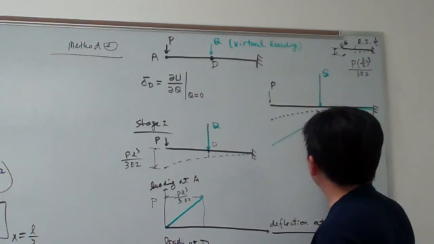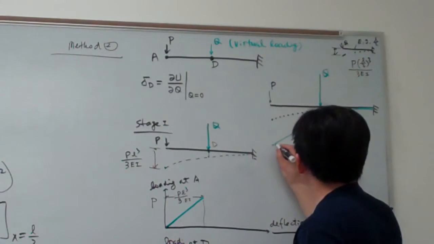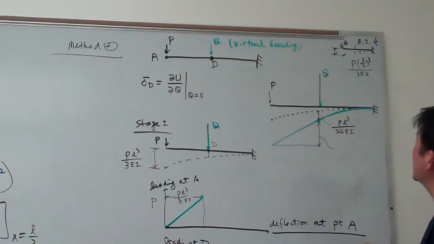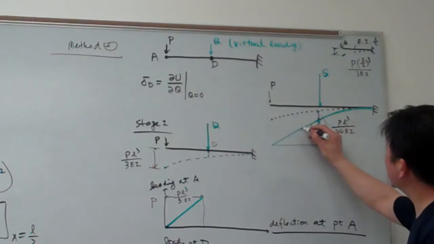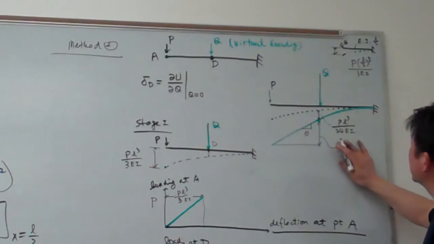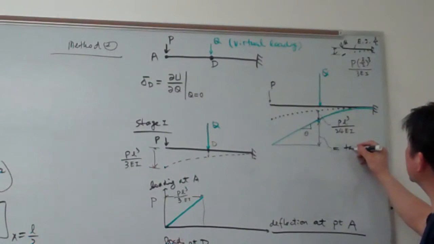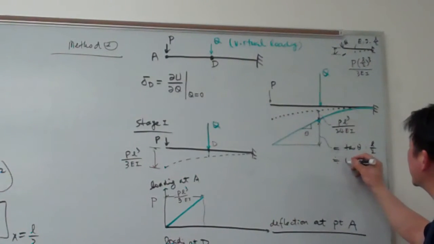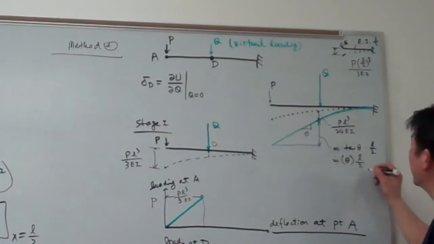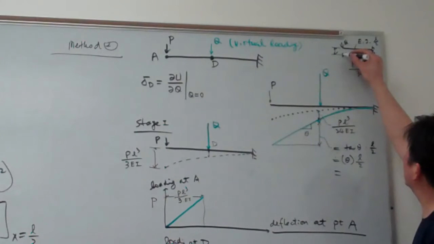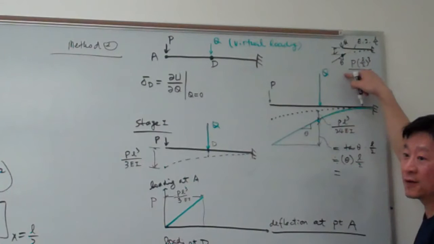And then how about this one? From here to here, how much is this portion? If this is the angle theta, then that can be approximated by tangent theta times L over 2. But theta is a very small angle, so usually we simply multiply theta by L over 2. And what is theta? Theta represents the slope here.